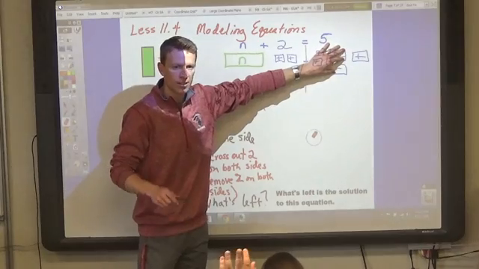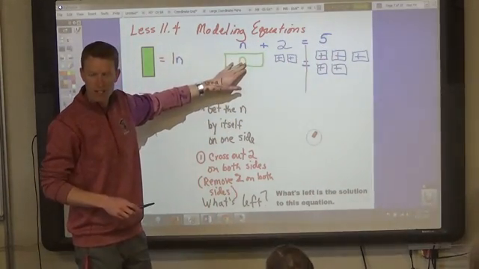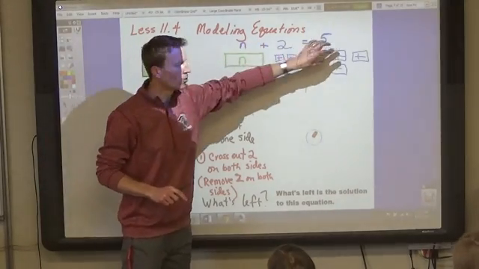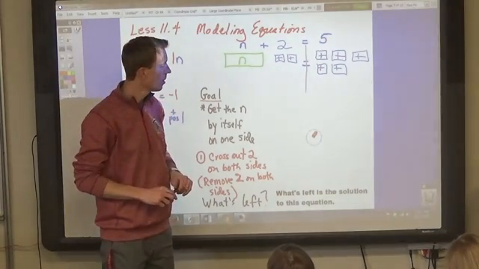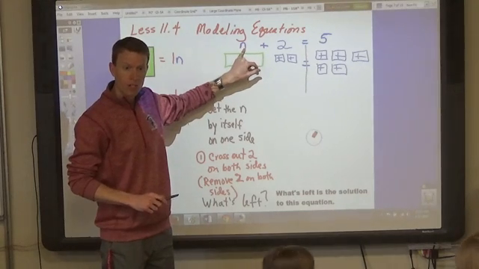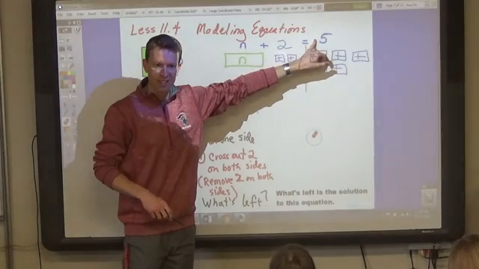Okay? So that means that n is a number. n is one number that makes this side equal to the other side. Then it would be 3 and 5, right? And that n is 3, right? We know n is 3 because 3 plus 2 is 5.